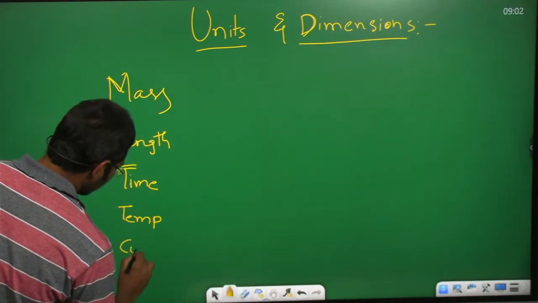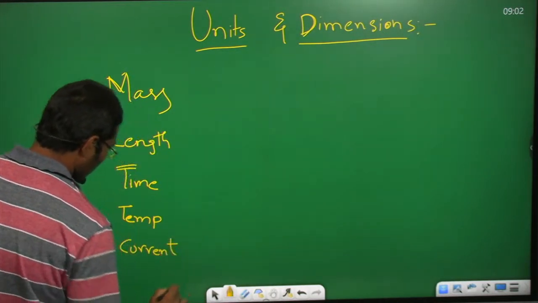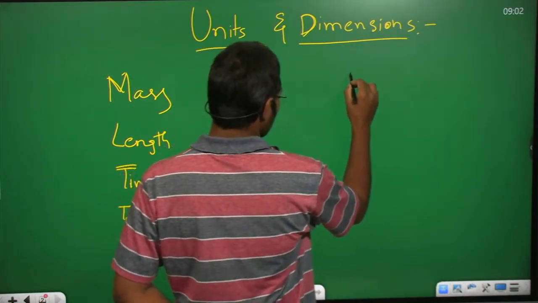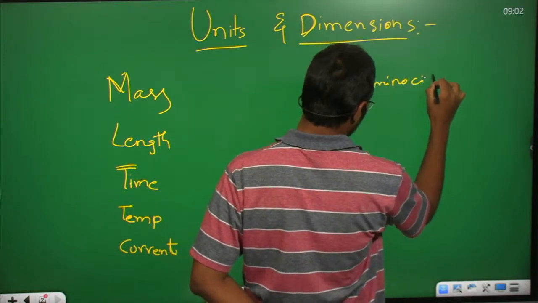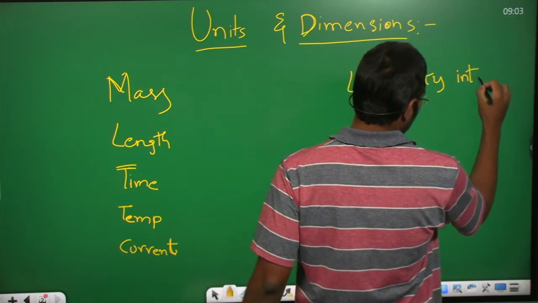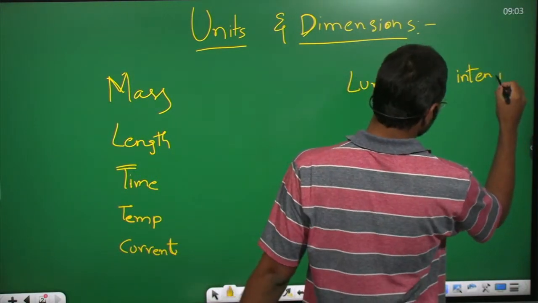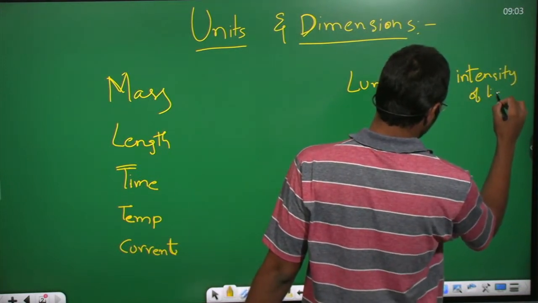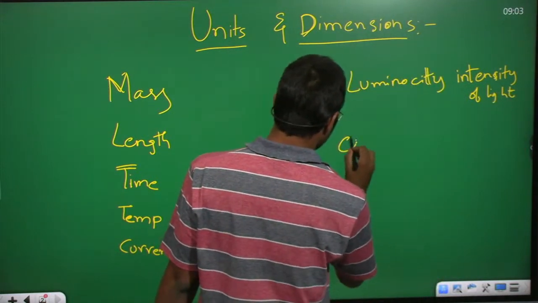Current, luminosity, that is intensity of light. Try to write notations for this. Next, quantity of matter.